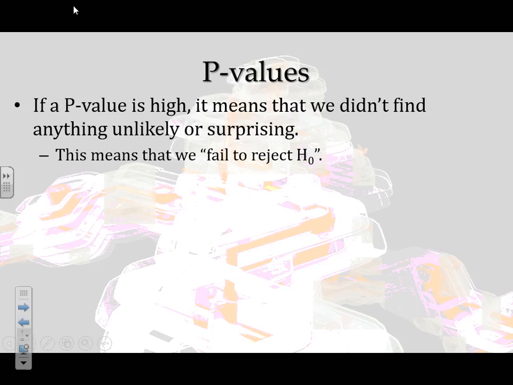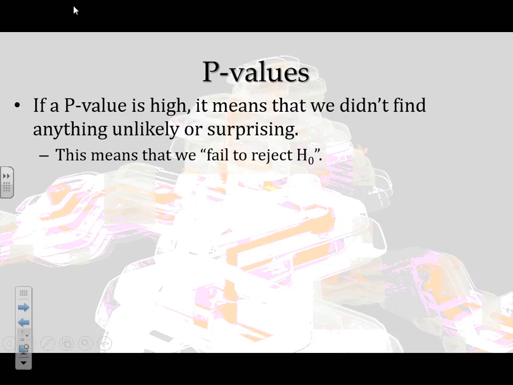The probability that this sample value occurs, given that the null is true, if that's a high value, it means it's a high probability. It means it's not anything unusual. And if it's not unusual, then that means we didn't find any evidence to reject the null. We didn't find anything unusual about claiming that null value.